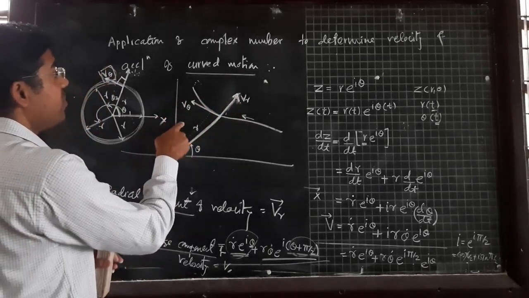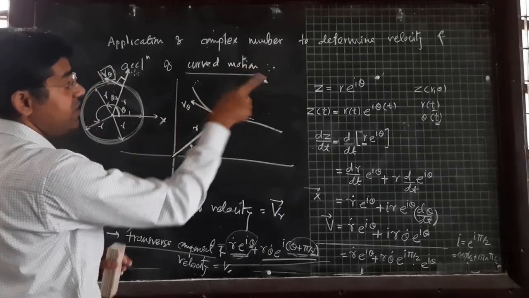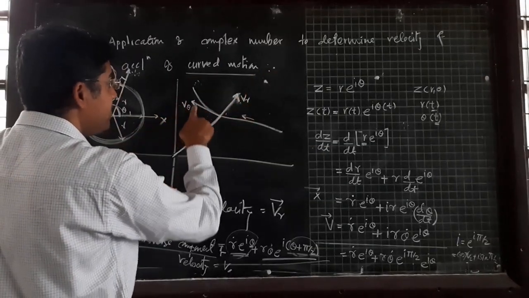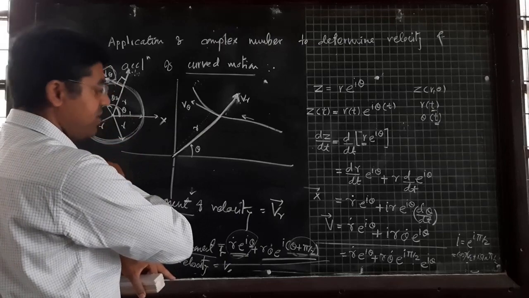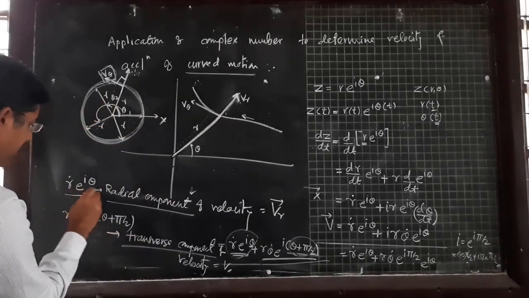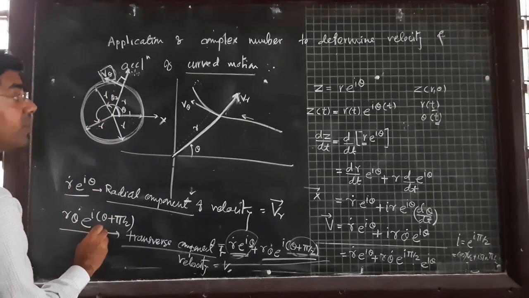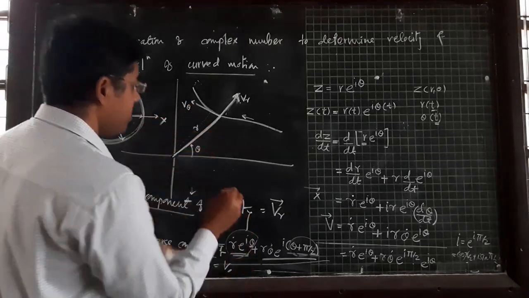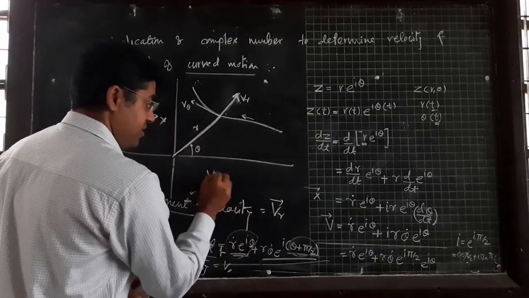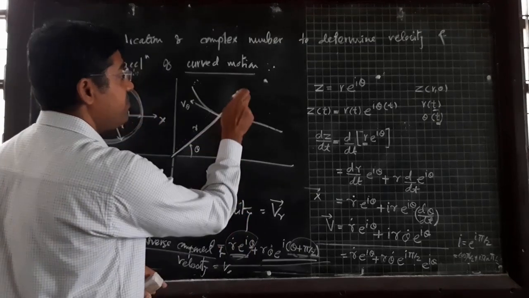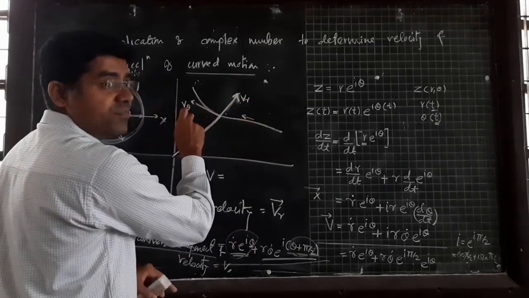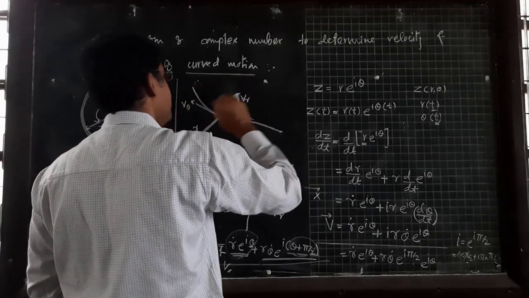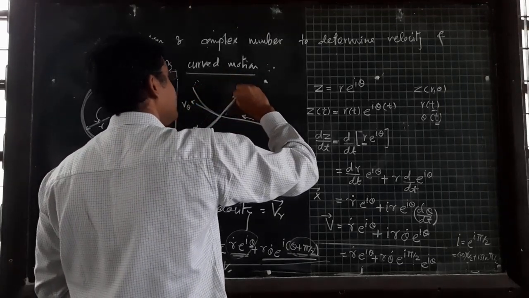Now my aim is what? We want to find out the velocity changes due to your radial component as well as your transverse component. So this is my radial component, this is my transverse component, and we want to find out what will be the total V due to the change of your Vr as well as your v theta. So we can take the v theta here, right? Suppose here that component.